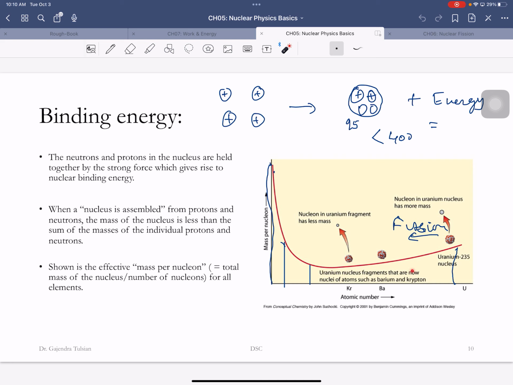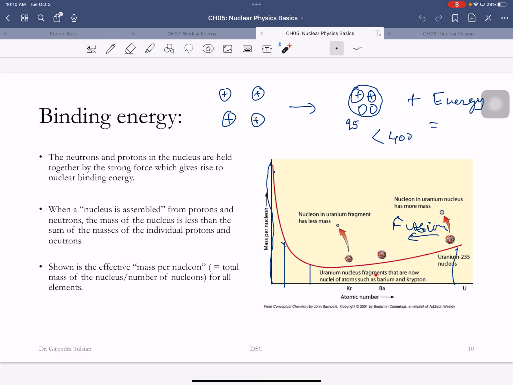Maybe about 1% of the mass got converted to energy. So if this weighs 100 pounds, these two pieces together weigh 99 pounds, and that missing mass got converted to energy. Everybody understand that?